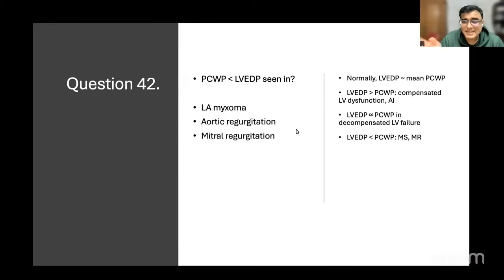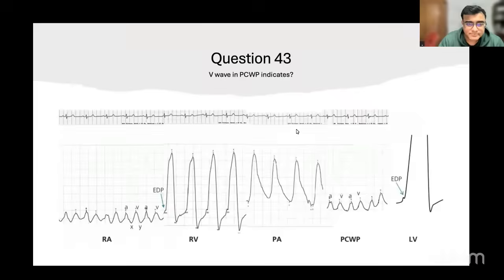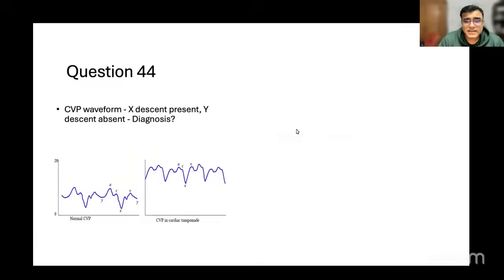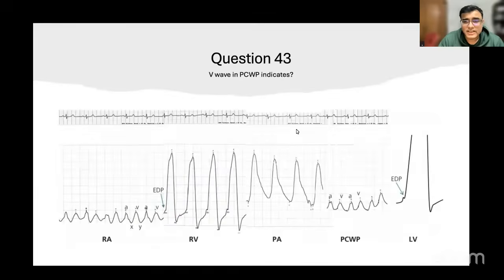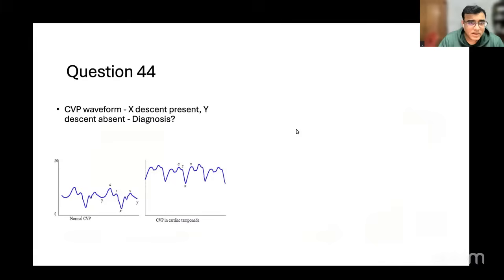If LVEDP is less than pulmonary capillary wedge pressure, it is probably MS or MR, with large V waves. They had given large V waves in pulmonary capillary wedge pressure, which indicates mitral regurgitation, if it was an option.